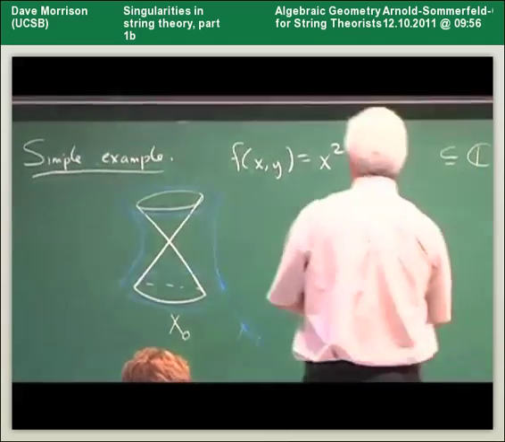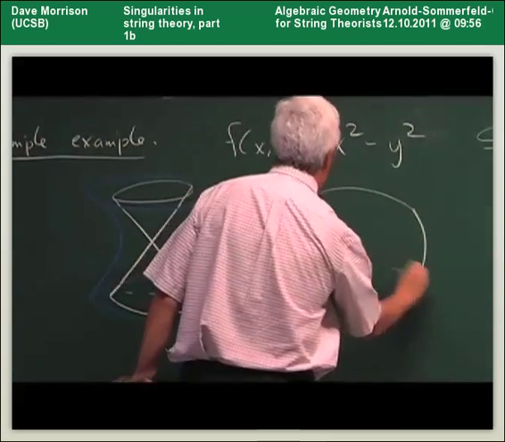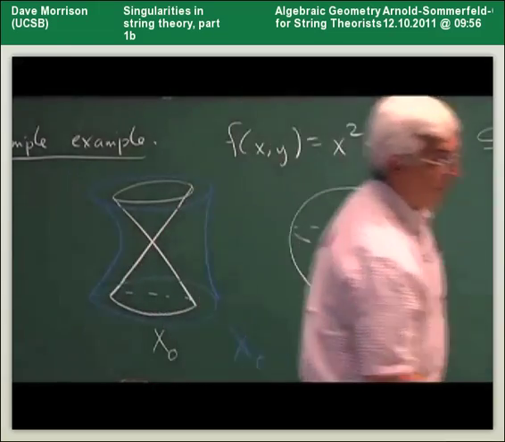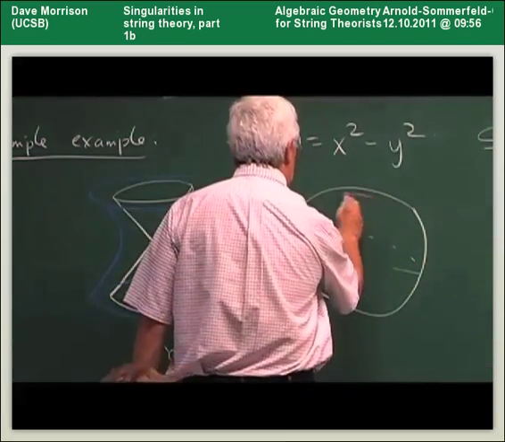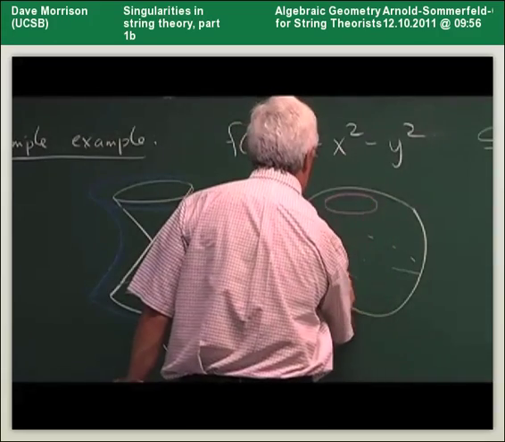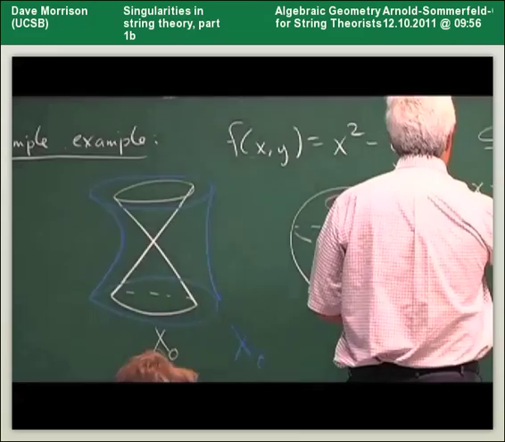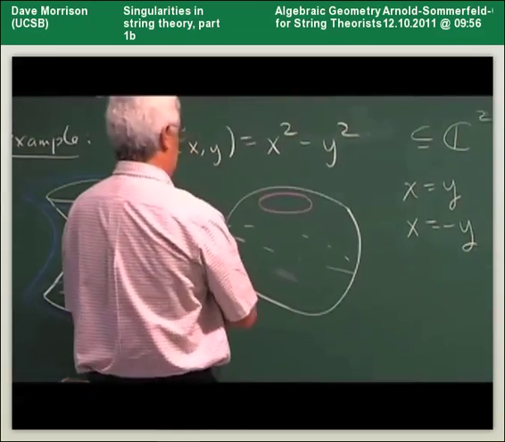The Milnor story has this thing sitting inside of a 3-sphere, so it's a little tricky to see it, but inside of a 3-sphere, I've got the two circles which correspond to x equals y and x equals minus y, intersected with the 3-sphere.